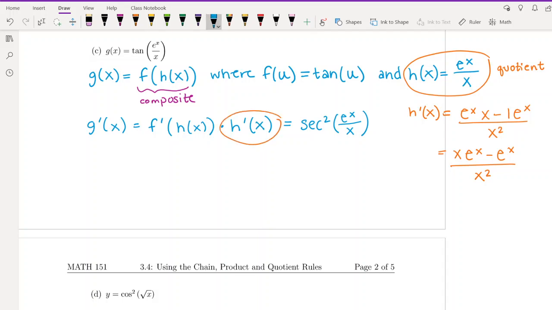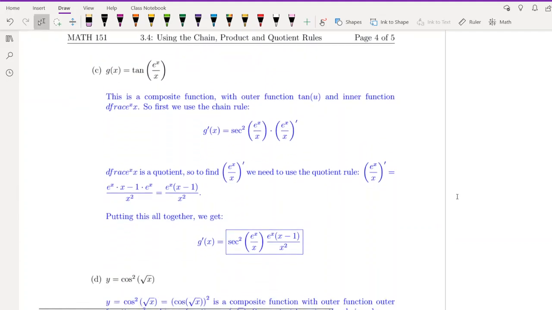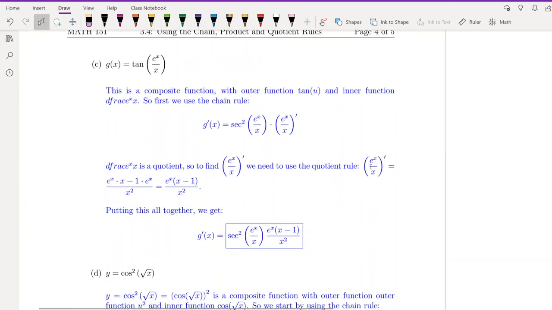I'm probably going to run out of space a little bit here, but I just want to take this fraction and multiply it with what we found above. You could put parentheses around it, I think, and I probably did. Let's see how I wrote it in the solutions. I guess I didn't, so never mind.